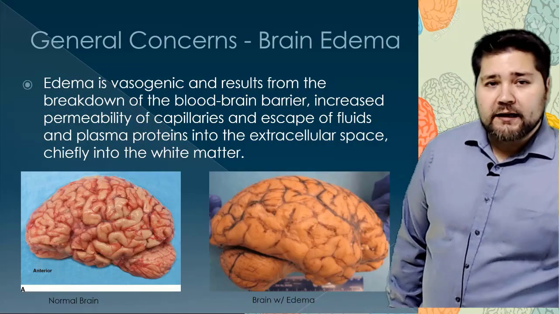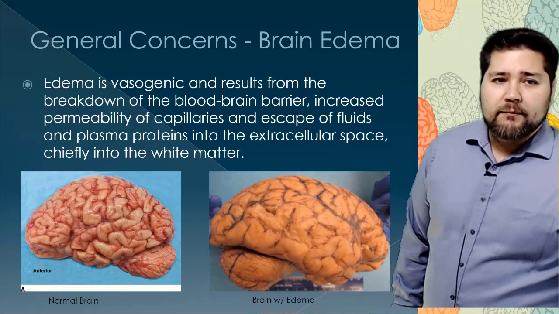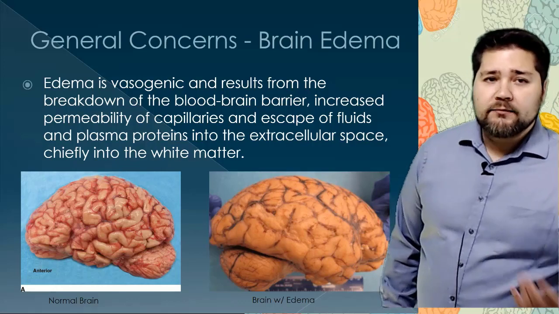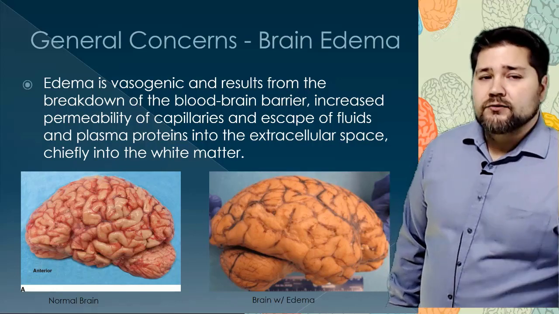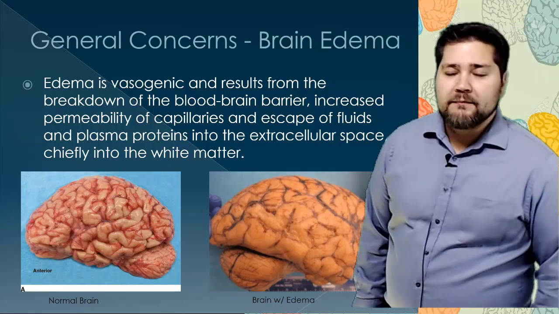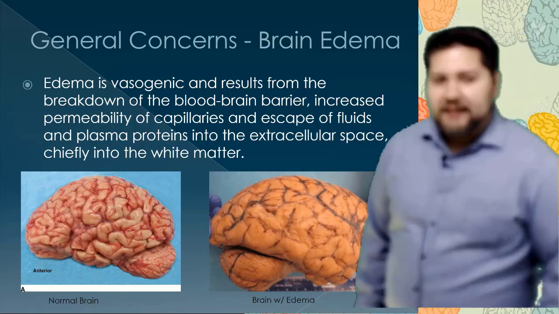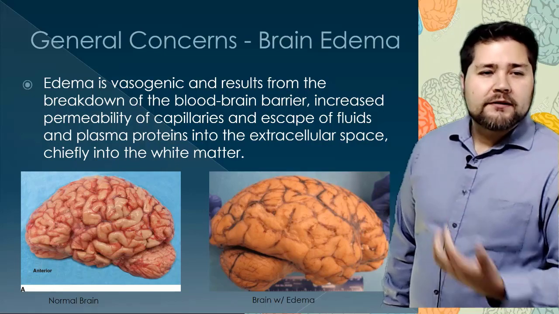So the first thing we'll look at is edema. Any sort of trauma or disruption in the brain environment can ultimately lead to edema. So infections, inflammations, any disruption in the blood-brain barrier, try saying that three times fast, can cause an increase in permeability. And we see edema in the rest of the body, and usually the body's fine with it.